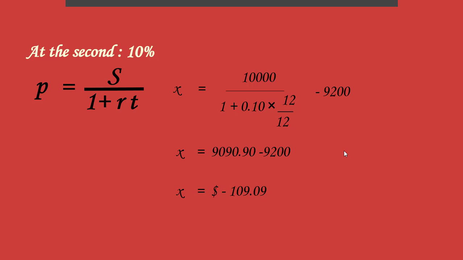Second, we need to use the rate of 10%. X equal 10,000 over 1 plus 10% by 1 minus $9,200 to get the net present value, which is equal to negative $1,109.9.